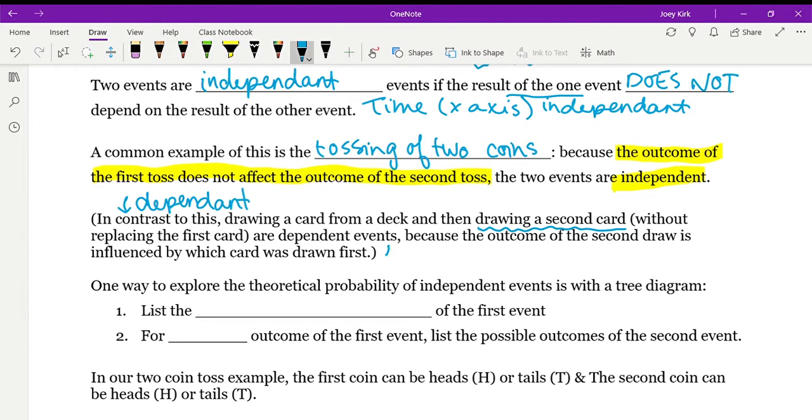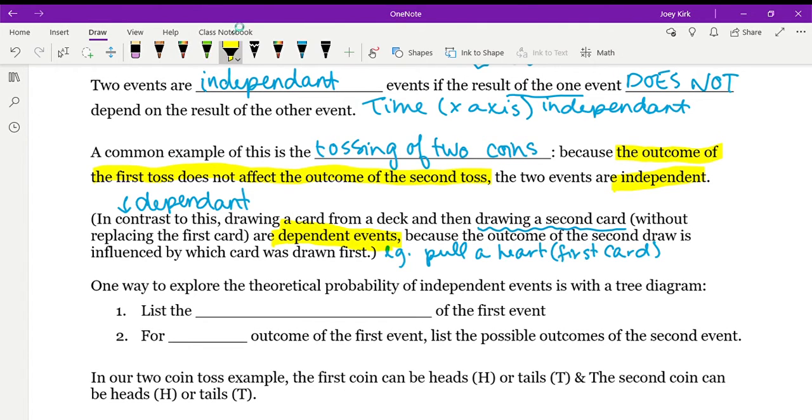So for instance, if you pull out a heart for the first card, there's going to be one less heart in the deck if you don't put it back in when you pull out the next card. So your probability of pulling out a heart the second time has gone down, and that's because those are dependent events, okay? This is a bit of a weird concept when you first hear about it, but try and get your head around that. But we are just looking at independent events where whatever happens in the first event does not affect what happens in the second event, okay?